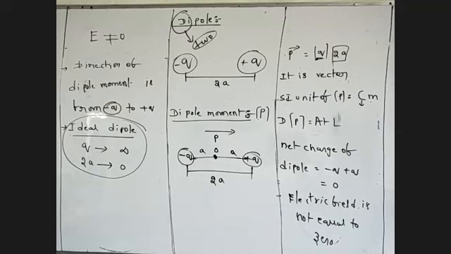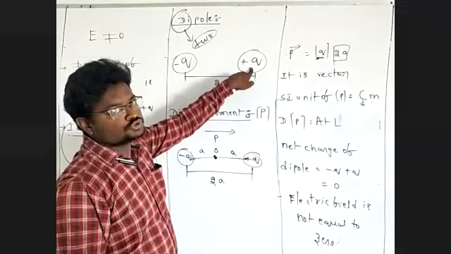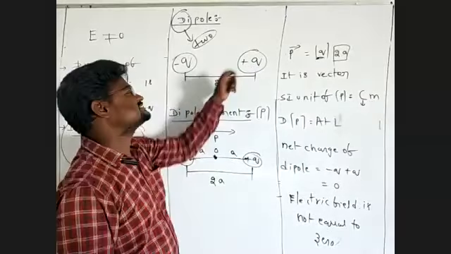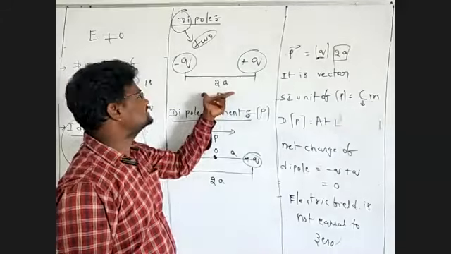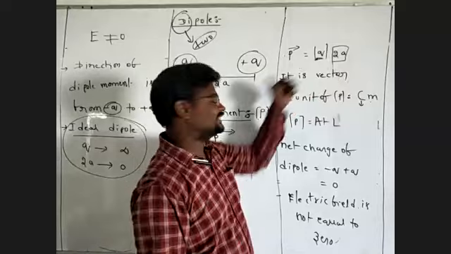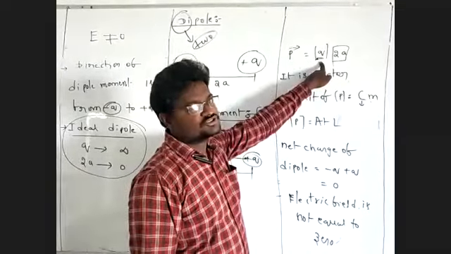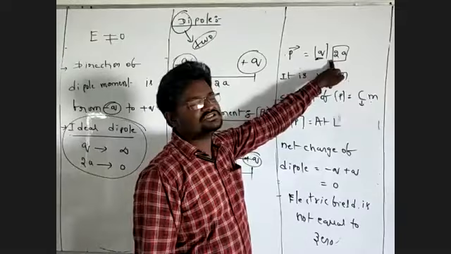Dipole means two equal and opposite charges separated by a distance 2a. Dipole moment means the product of the magnitude of any charge, negative or positive, into the distance between the two charges.